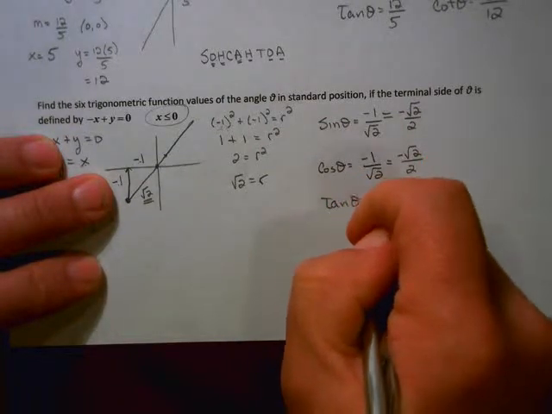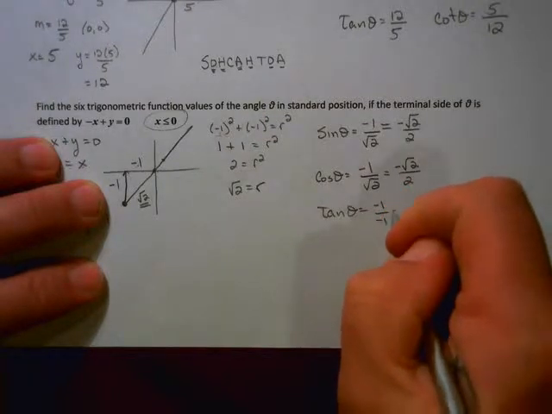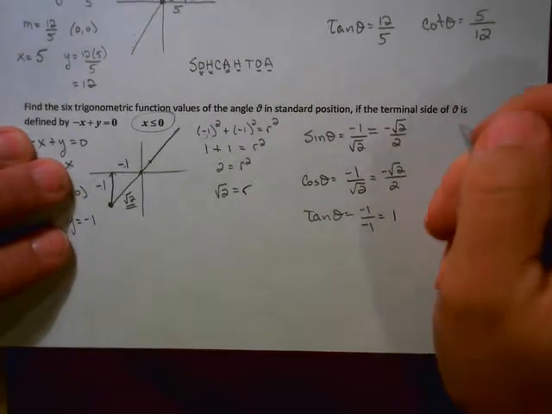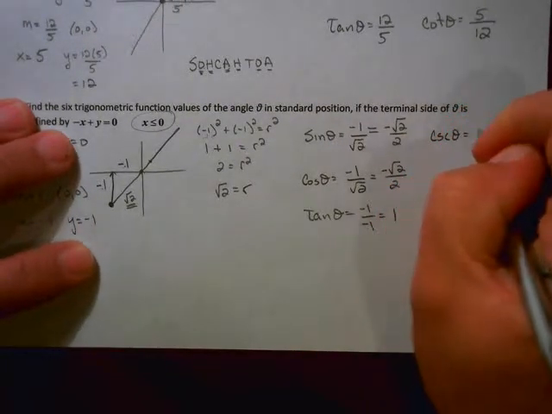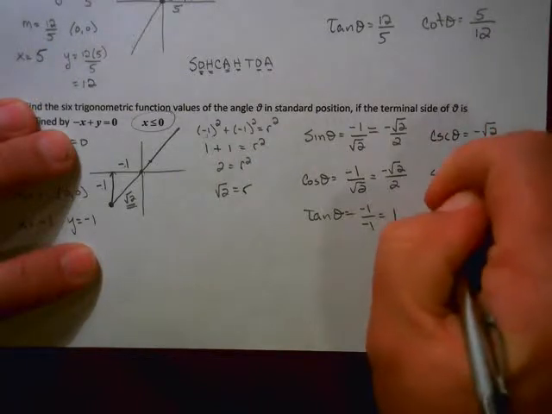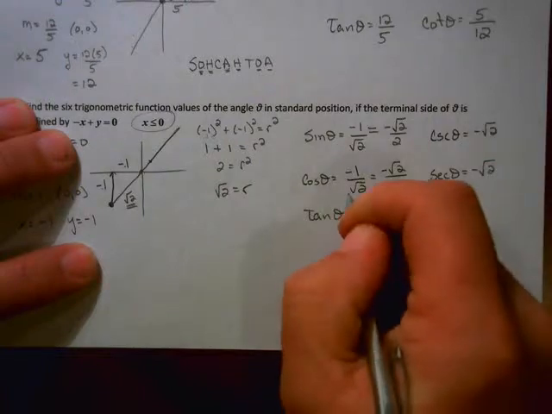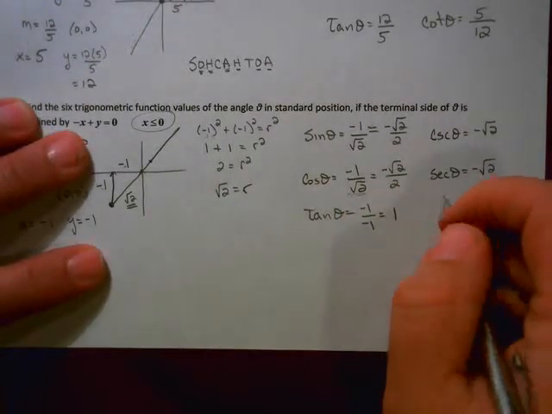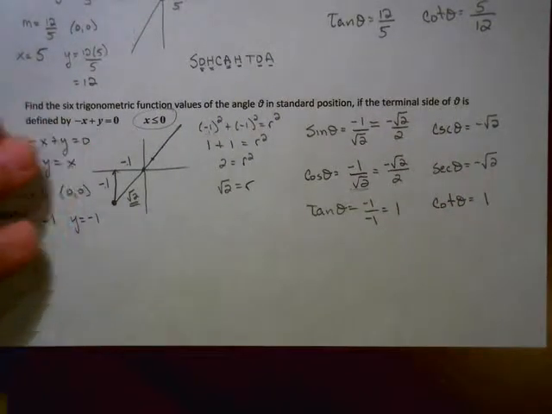Tan theta is y over x, which is 1, positive. And now the reciprocals. Cosecant theta equals negative square root of 2. Secant theta equals negative square root of 2. Again, I'm reciprocating before I rationalized it, so I don't have to do it again. And cotan theta equals the reciprocal of 1, which is 1.